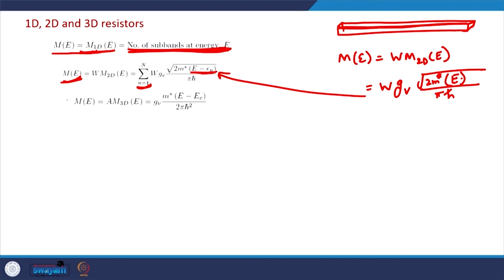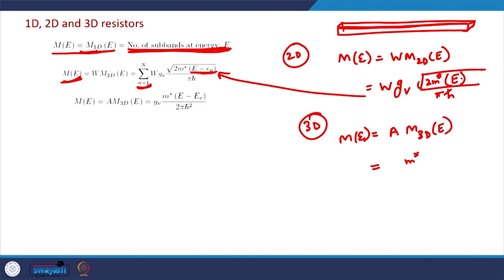Okay. Similarly, in the 3D practical resistors, this is for the 2D case. In the 3D case, the number of modes expression is actually given by the area times M3D(E), which is m star (E minus EC) divided by 2 pi h bar square.